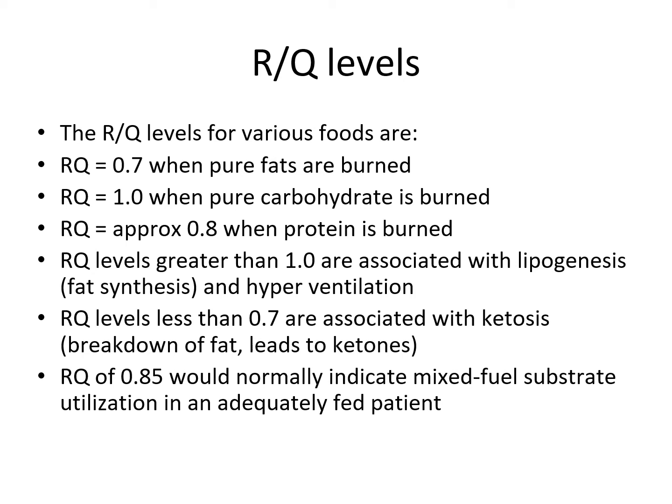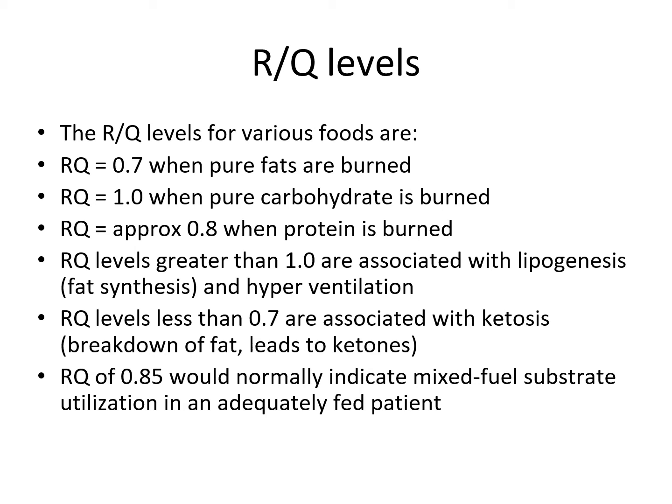So again, RQ levels greater than 1 can be associated with fat synthesis and hyperventilation. If the RQ is less than 0.7, these are associated with ketosis, so basically the breakdown of fat, which leads to ketones that can be found in your urine.